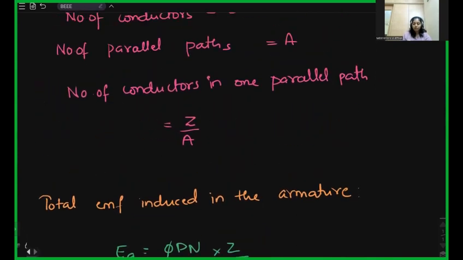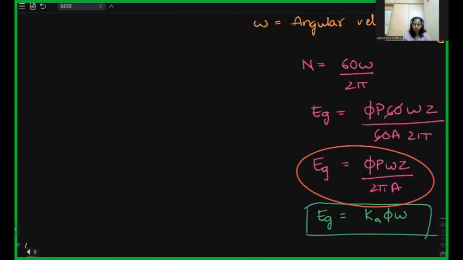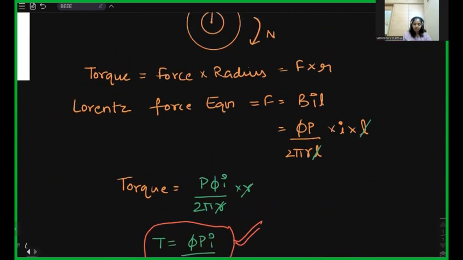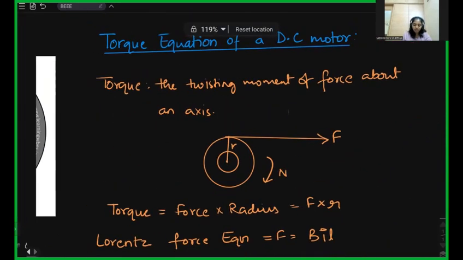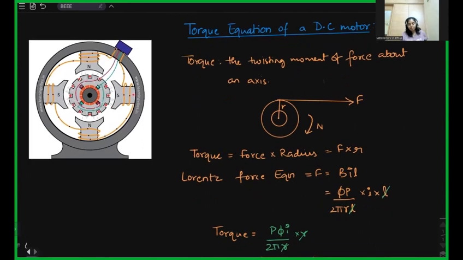Now let us move on to the torque equation. Torque is basically the twisting moment of force about an axis. So torque is basically force into radius, as you can see. And as we have seen before, the Lorentz force equation is F equals BIL.